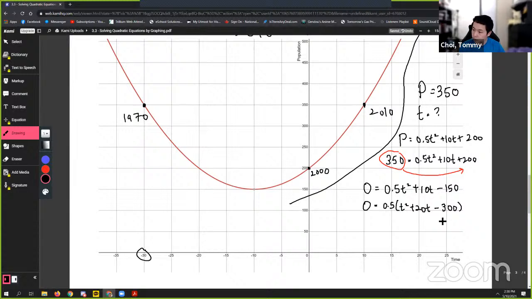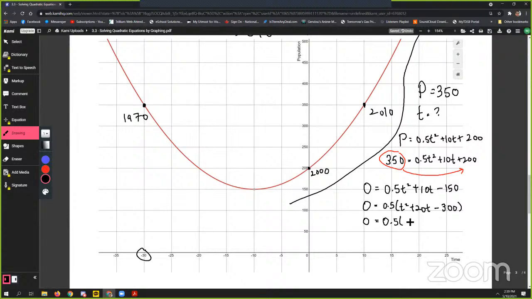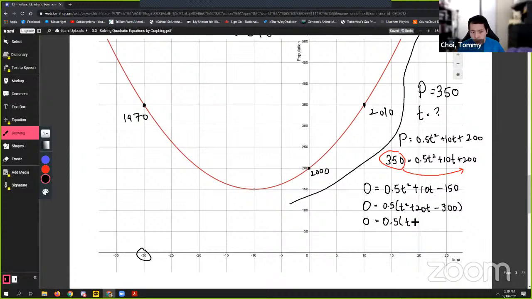Now let's factor. Can anyone think of two numbers that multiply to negative 300 but add to 20? 30 and 10. Yep, good. So t plus 30 and then t minus 10.